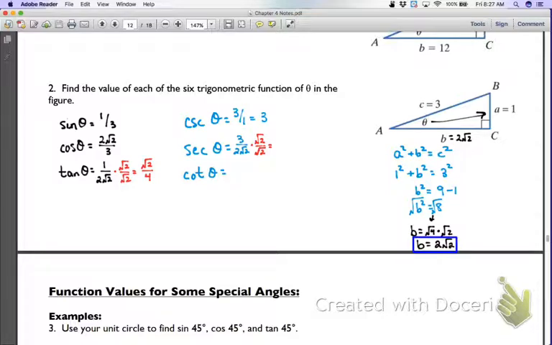So whenever I rationalize it, I'm going to have 3 times the square root of 2 over 4. Square root of 2 times square root of 2 is 2. Times 2 gives me the 4. I'll do the same thing then with cotangent, and I'll have 4 over square root of 2, and I'll have to rationalize that.